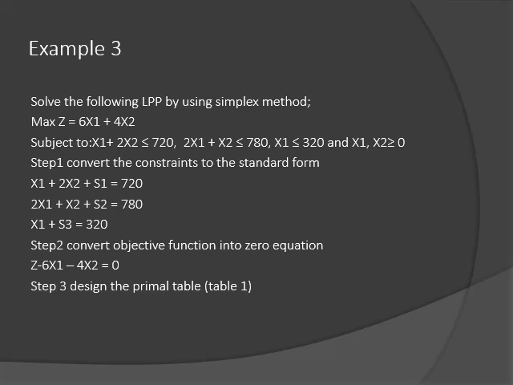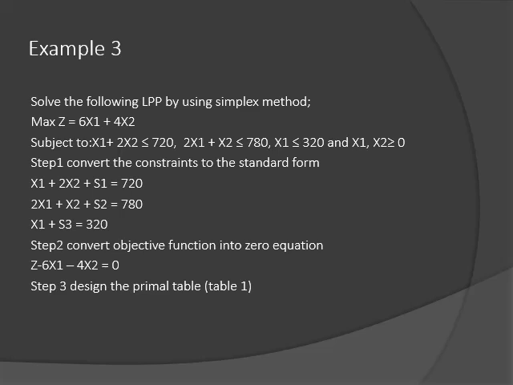x1 plus 2x2 plus s1 equals 720, 2x1 plus x2 plus s2 equals 780, and the last constraint is x1 plus s3 equal 320. This is the first step, as we emphasized before, to convert the constraints or inequalities into the standard form.